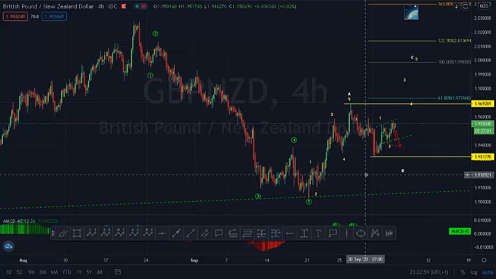Wave A and C are always a clear impulse. Then 60 to 70% of the time, wave A and C tend to be equal.